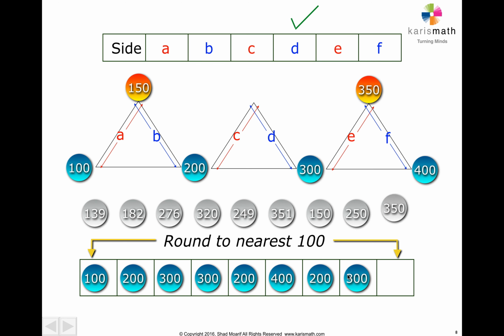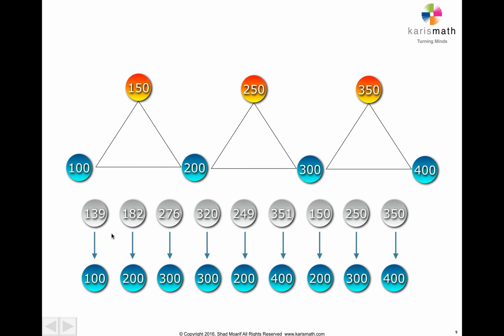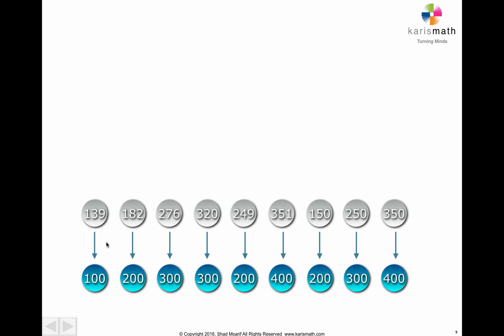And what about 350? 350 is in slope F, and it rolls to 400. So you got the idea? If you get rid of all these mountains, you can see how these numbers are being rounded off to the nearest 100. So that's what it looks like.